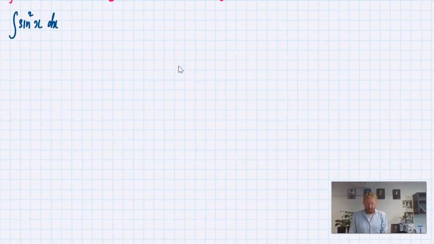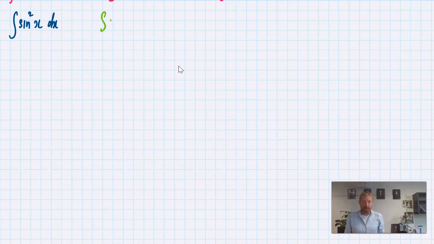That's a problem because before we had some function in here, and that was fine. But this squared here makes it a bit harder. So we've got to come up with something else. We don't know how to integrate, well, let's call it a quadratic trig function.